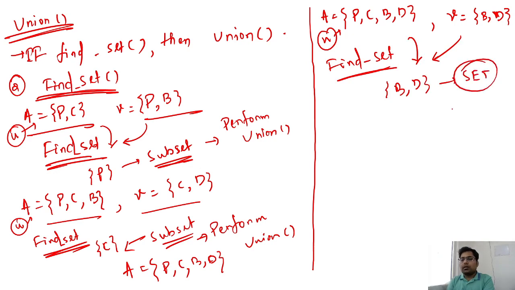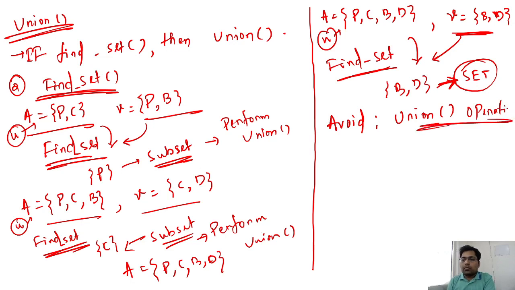Though it is a set, from A, V directly we can say either V or U. Okay, if any of this is a part of the common, we must avoid the union operation. Okay, union operation will be avoided. Why? Because it is within the if condition.